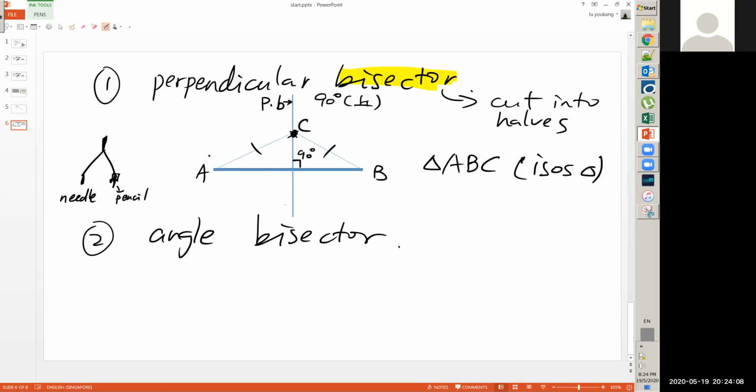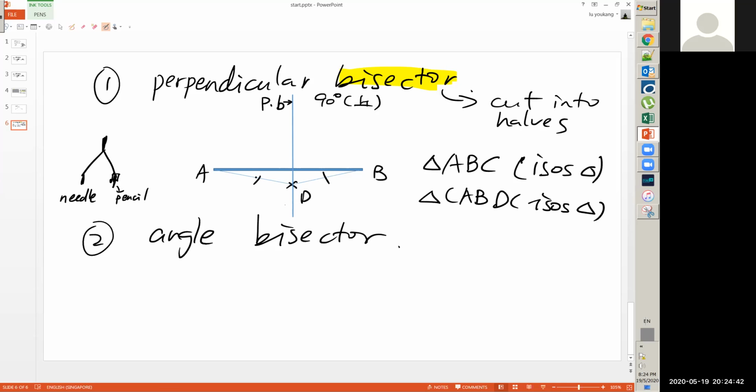Okay. Let's put another point on the line again. Let's not pick C. Let's pick another point below. Let's call this point D. If you connect B to D, and then connect A to D, you will end up with an isosceles triangle as well.